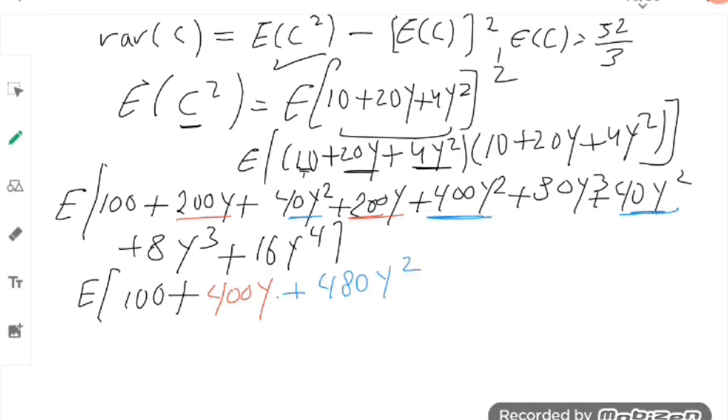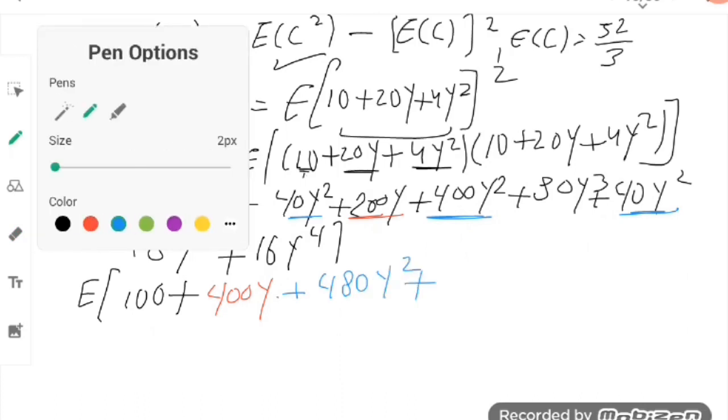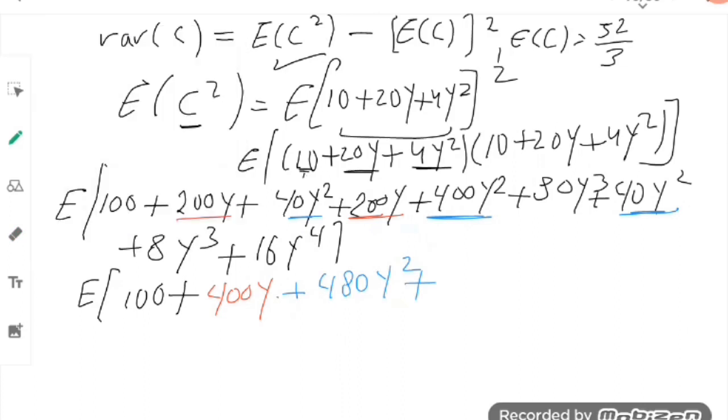And move to y to the power 3. We have 80 y to the power 3, and 8, so we have 88 y to the power 3. At the end, y to the power 4. We have here 16, and we don't have any other y to the power 4, so 16 y to the power 4.